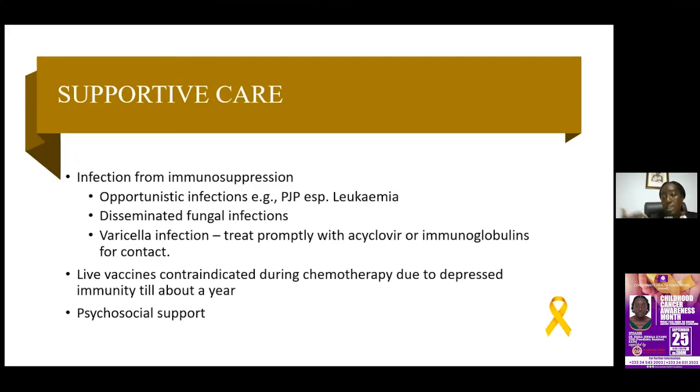So after a year, when chemotherapy is completed, these patients also need psychological counseling. So both parents and the child, most of our children are adolescents too, because it's from 1 to 9 years.